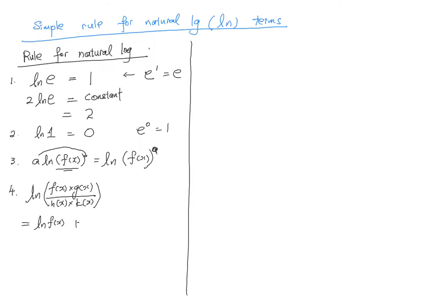On top, you plus. Below, you minus. I memorize like that. That is safer. You got how many functions, you can break into how many ln terms. Are you clear?